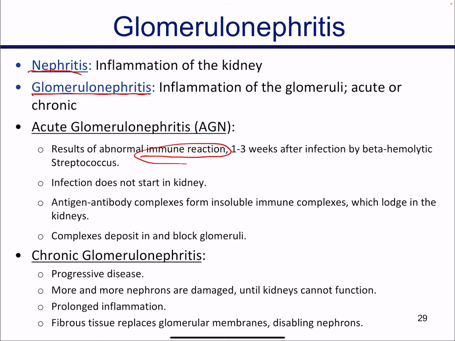So typically, the infection that leads to acute glomerulonephritis does not start with the infection of the kidney. It always starts as a urinary tract infection or some other infection, and then eventually progresses and reaches the nephrons.